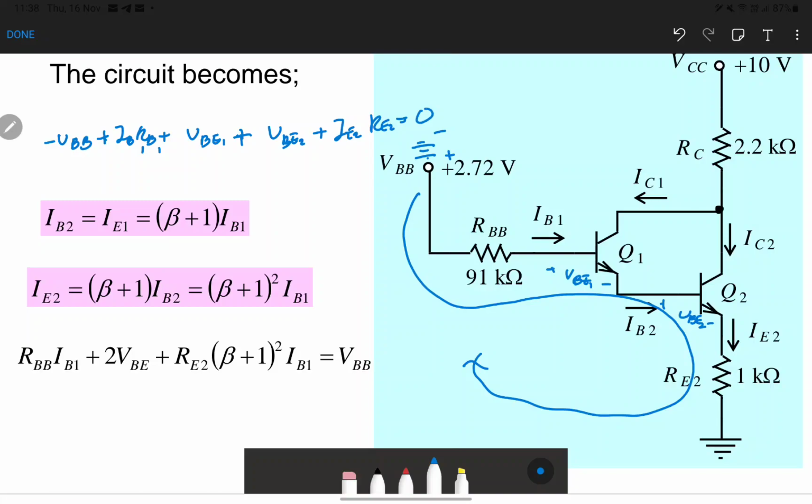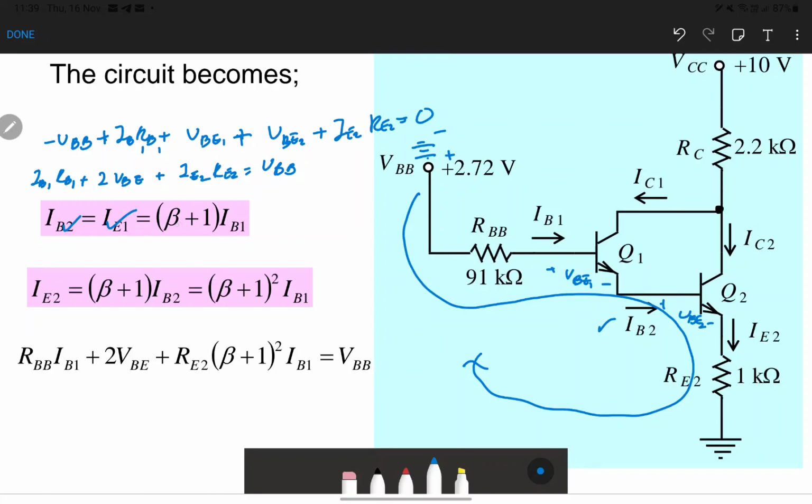By rearranging the equation, we can say that IB1 RB plus VBE plus VBE, so we have 2 VBE, plus IE2 RE2 equals VBB. Since IB2 is equal to IE1, the base current of transistor 2 equals the current at the emitter of transistor 1.